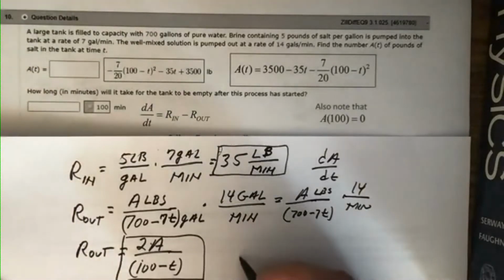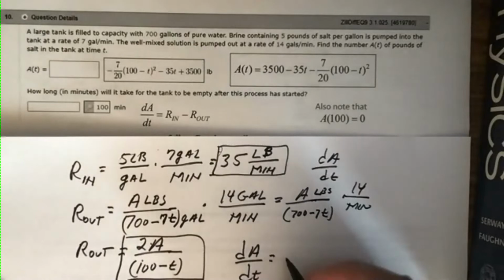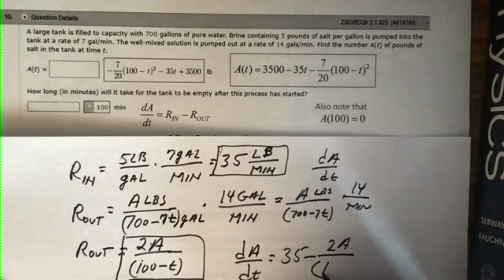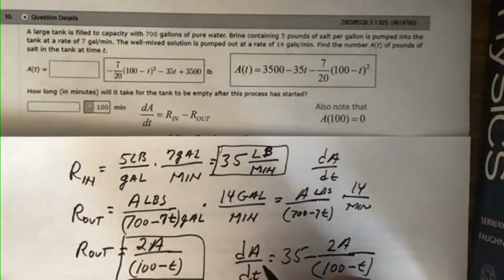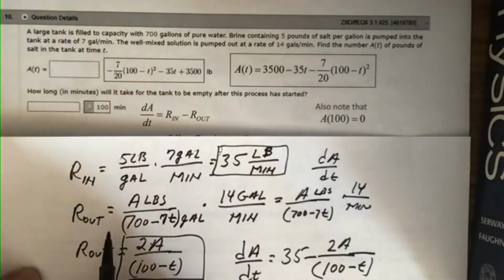So my differential equation is A prime equals 35 minus 2A divided by 100 minus T. So that's the differential equation. And don't forget, at time T equals 0, what are we told?